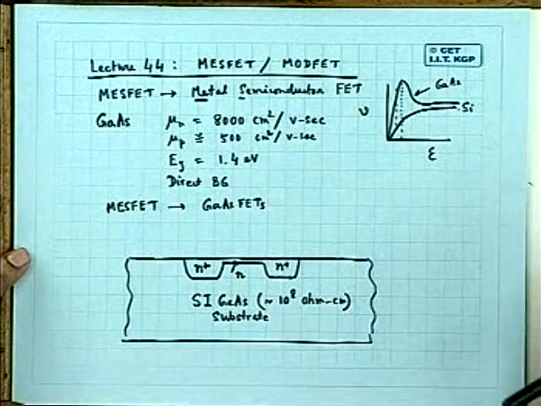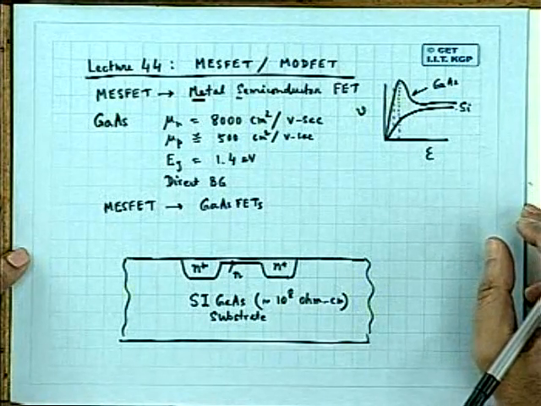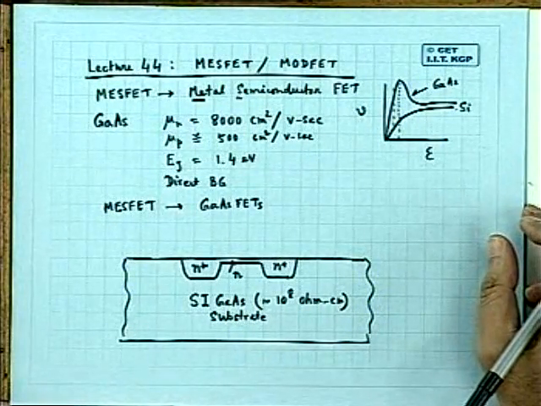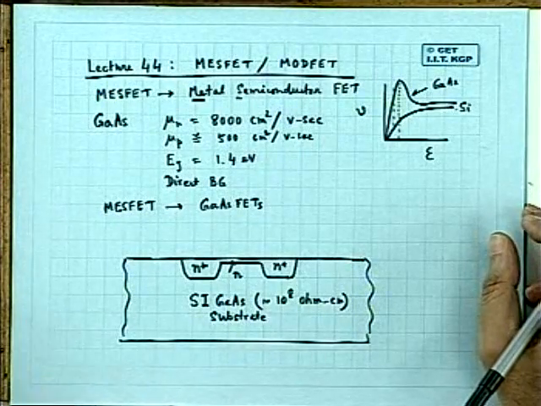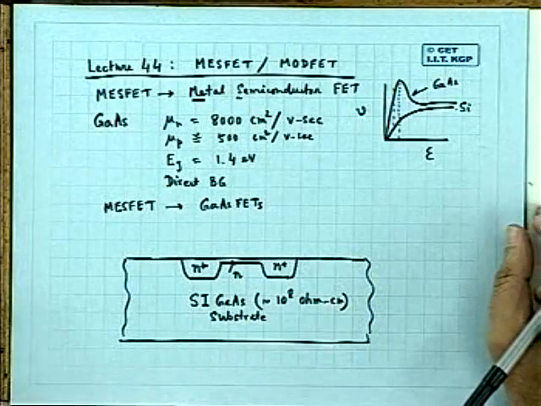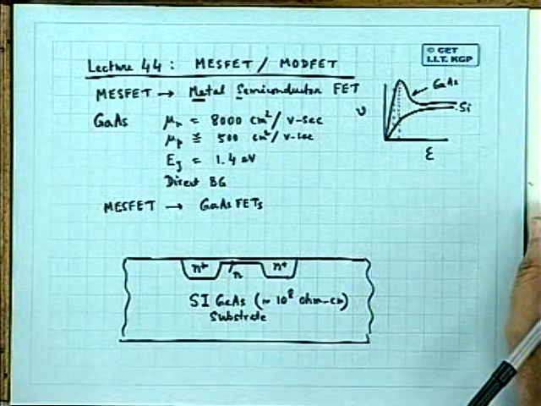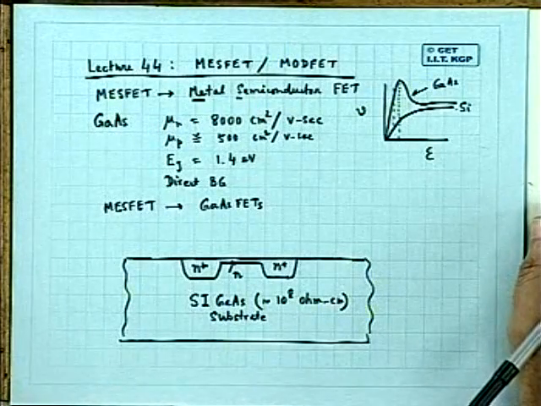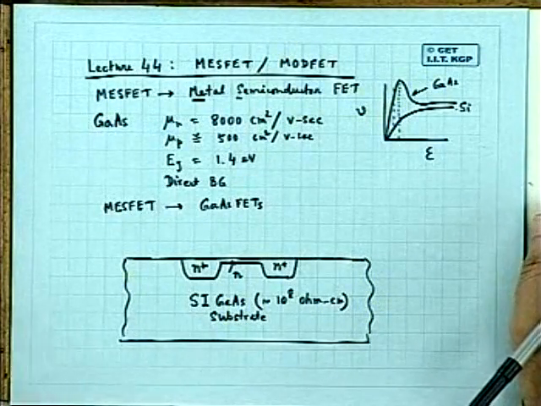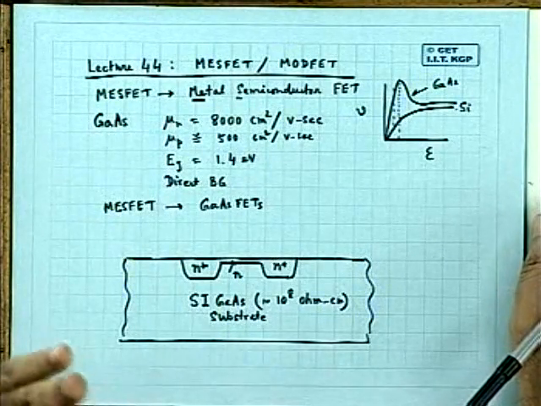So you implant silicon. Usually silicon is implanted, or selenium, sulfur: silicon, selenium, sulfur. If you implant these in gallium arsenide, it is converted into an N-type layer because it is a group 3-5 compound.